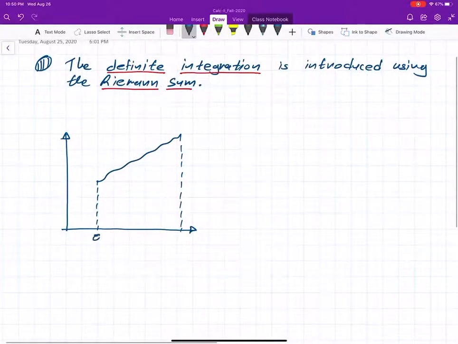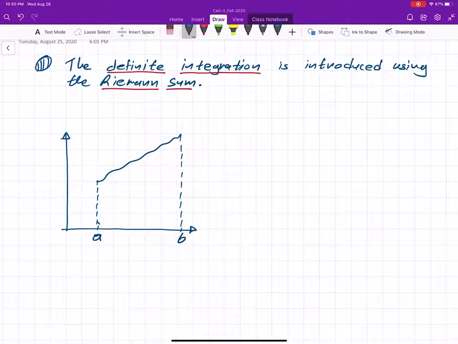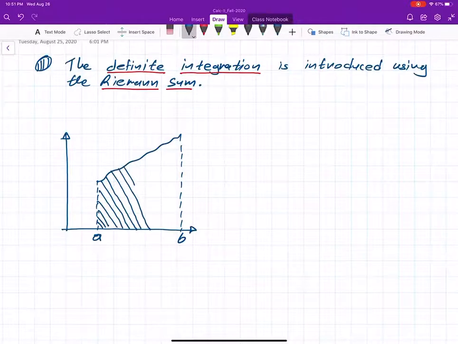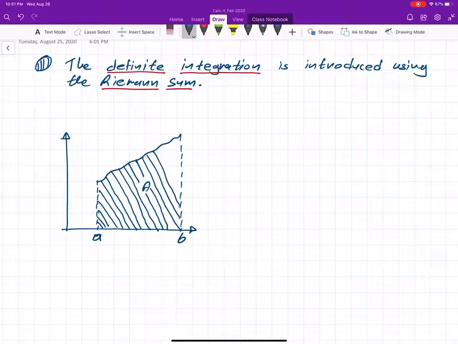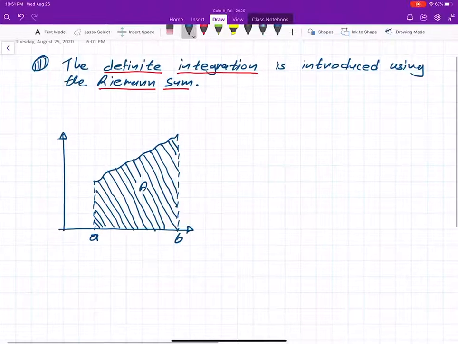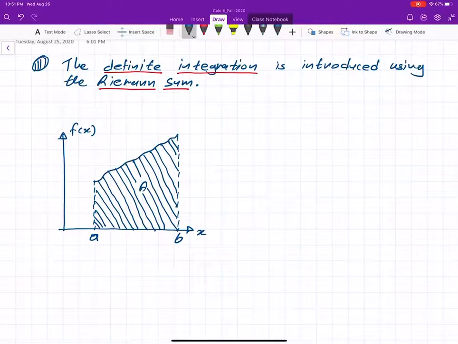Let's say this is A, that is B. Let's say I'm going to compute that area, this area is A. This function is f of x, and this variable is x.